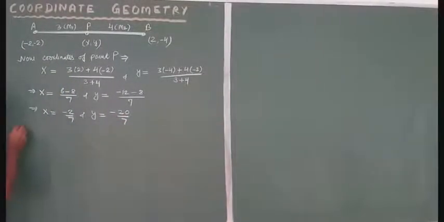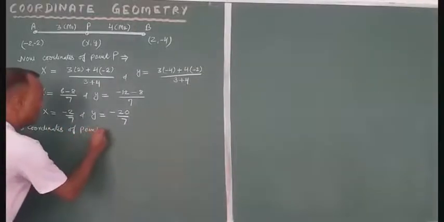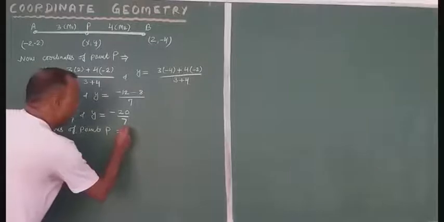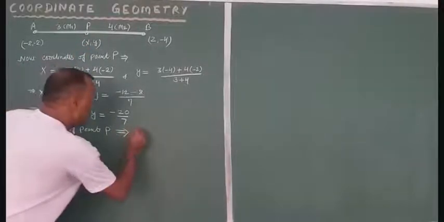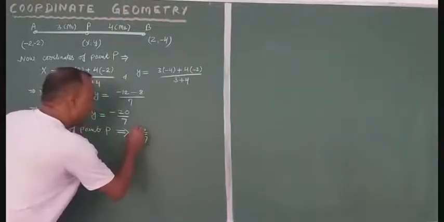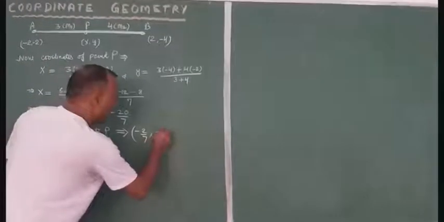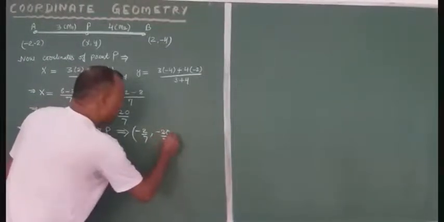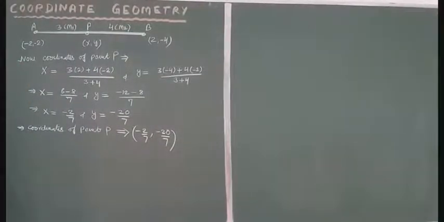Therefore the coordinates of point P will be x comma y, that is minus 2 upon 7 comma minus 20 upon 7.